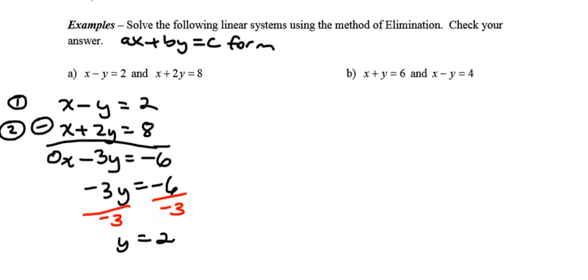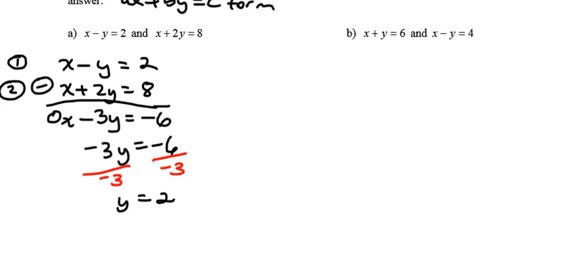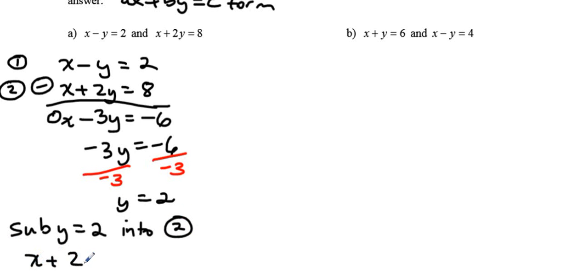And from this point on, the method of elimination is exactly the same as the method of substitution. So you're going to sub y equals 2 into either 1 or 2. So which one looks easier? Probably 2, because it has a plus. So we'll write out the equation.